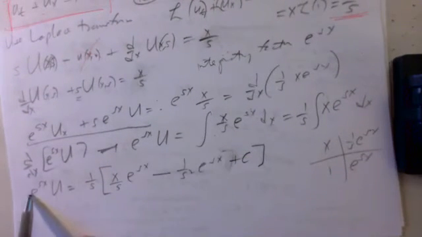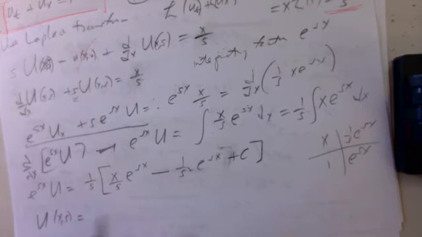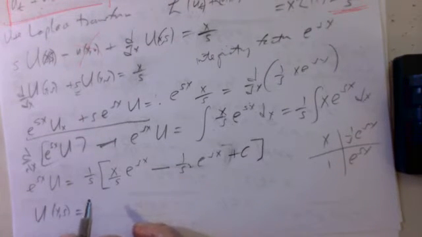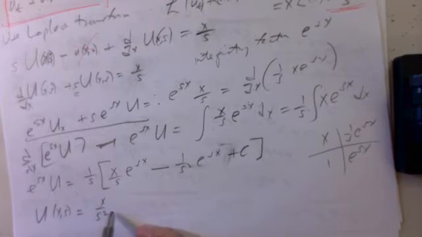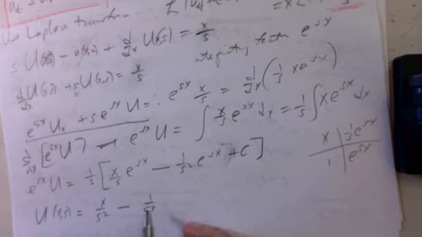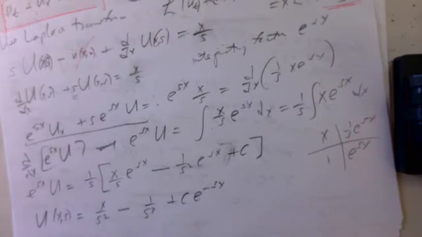And then I multiply by e to the minus sx, so I get u of x, s is equal to, this cancels, x over s squared minus 1 over s cubed plus c e to the minus sx.